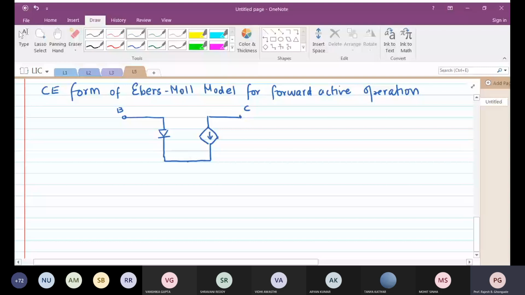This is going to be IB. This is IC, we already know, which is equal to IS into e to the power VBE by VT minus 1. By the way, what is this VT?